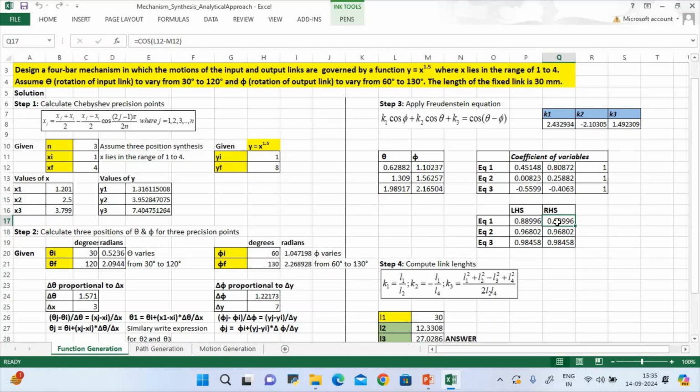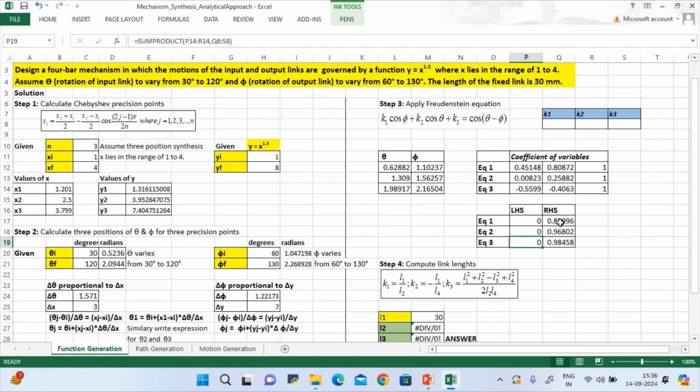So you can see on the right hand side, if initially let us assume that these values are not known to us. Let me make these values as 0. Let me delete them. So initially these values are not known to us. So obviously the LHS will become 0 for all the three equations.